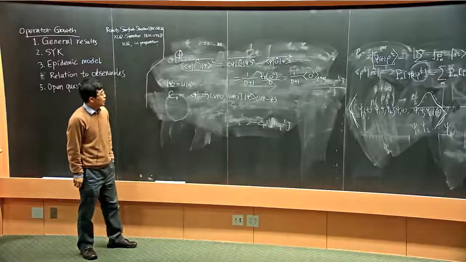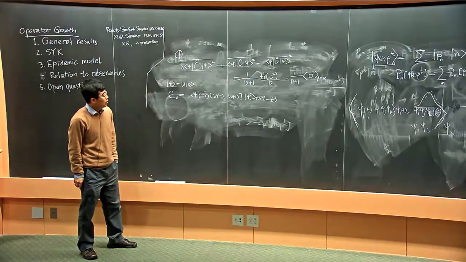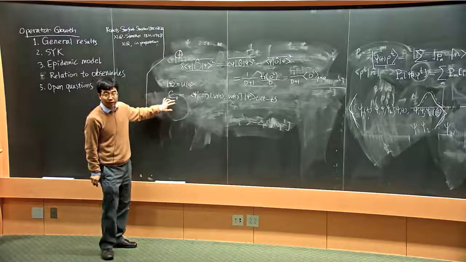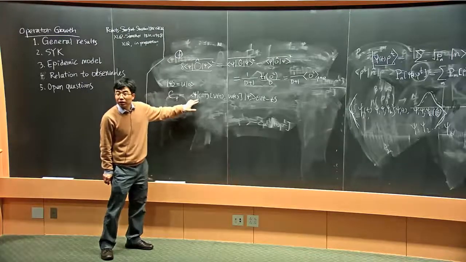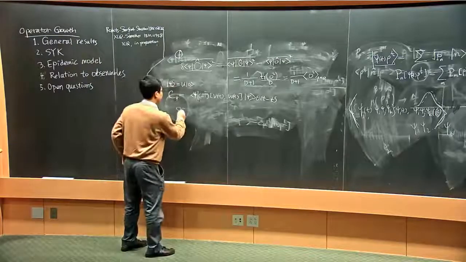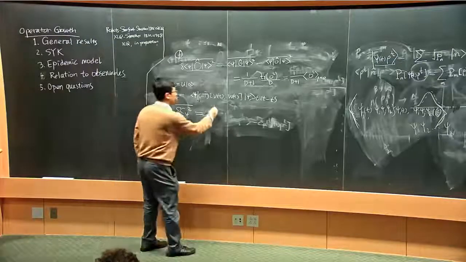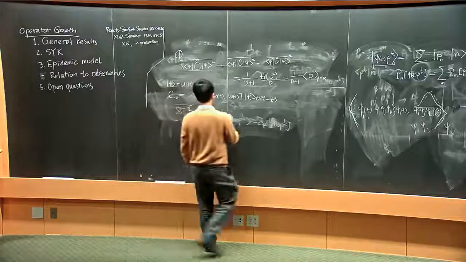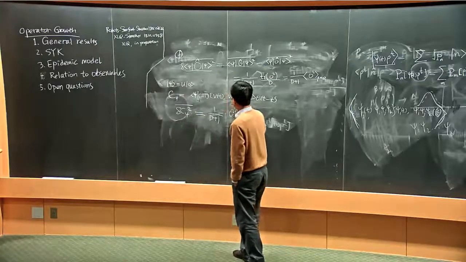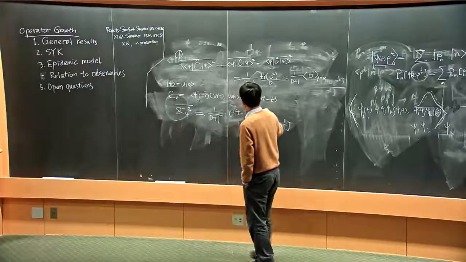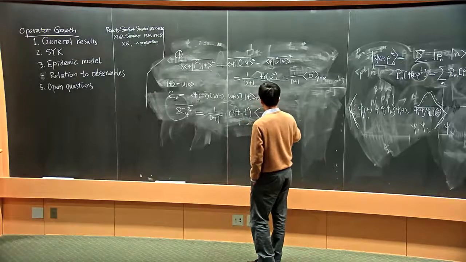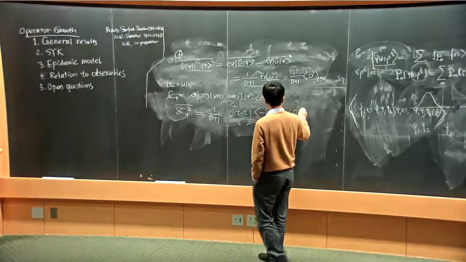And then now I ask how strongly does that depend on the initial state? And then you calculate this, you see the fluctuation is 1 over d plus 1, and then the commutator square at infinite temperature.